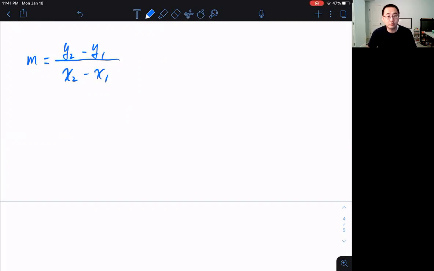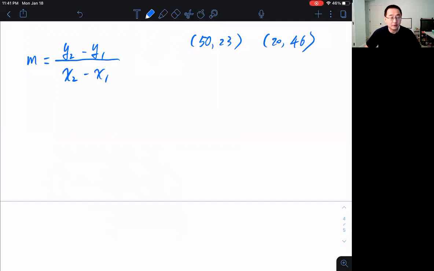Now, when you have 2 points, say I tell you there are 2 points on your demand curve. One is when the price is 23, quantity, let's say, is 50. And the other one is when the price is 46 and quantity is 20. If you have these 2 points and I ask you to find your demand curve and figure out what the slope is, you might ask which point is the first point and which is the second.